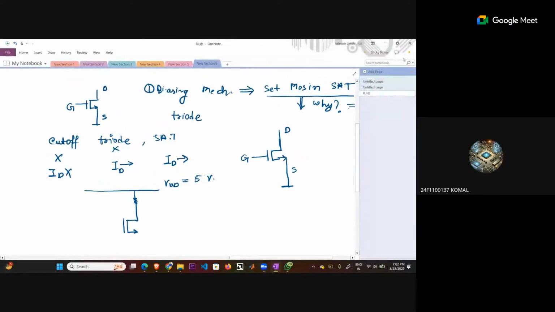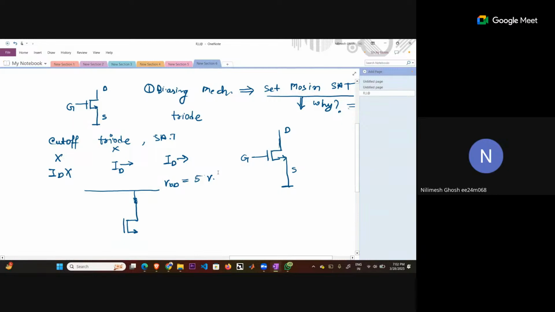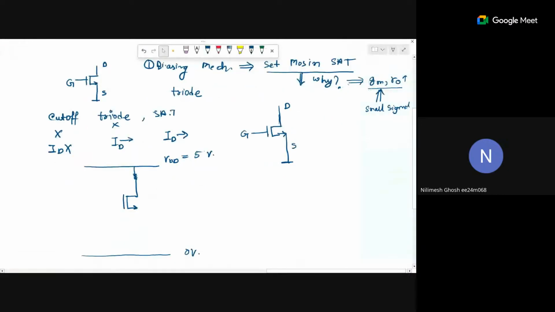Sir, VDS greater than VGS minus VT. Okay, that is the correct answer. So this is our VGS, the gate source voltage. This is the drain source voltage, VDS.